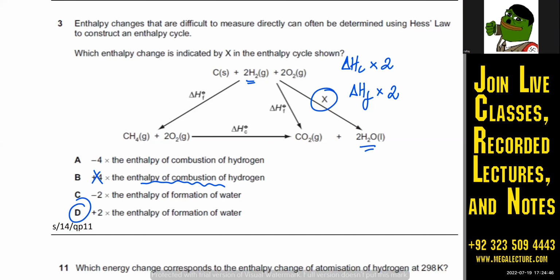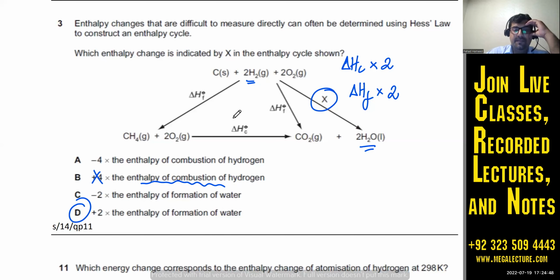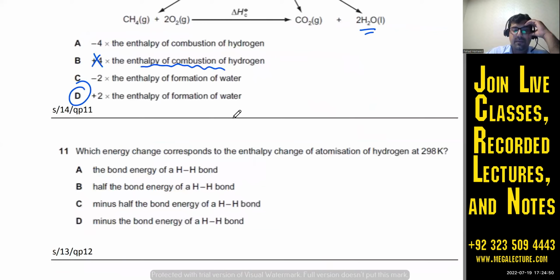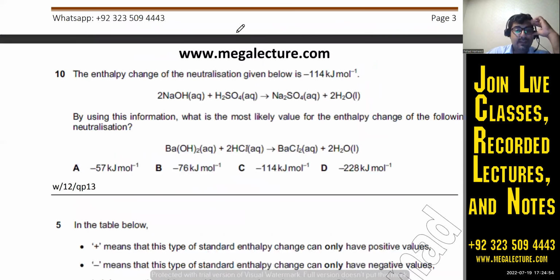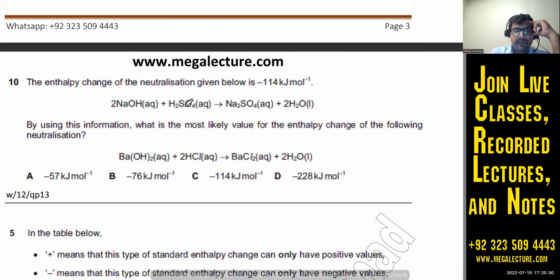Yes, sir. So then we've got: which energy change corresponds to the enthalpy change? Atomization is no longer here. This is about neutralization. There's this reaction, and they've told us that the enthalpy change for this reaction is minus 114. Is this enthalpy change of neutralization or not?